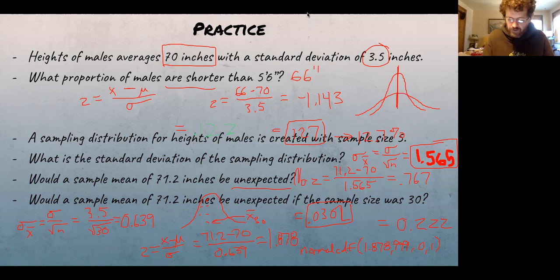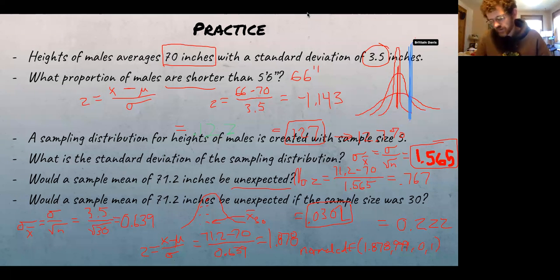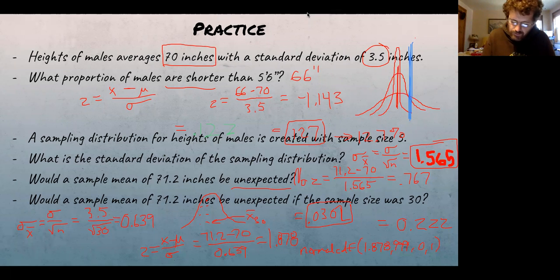In this case, I'm going to go up to the top right where I have this. Our distribution would probably look more like this. So if I mark where 71.2 is, let's just say 71.2 is this blue line. Now in our population, where it intersects with the population, 71.2 isn't really unusual.